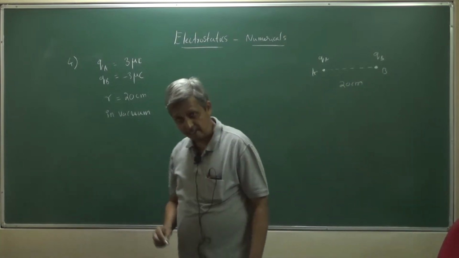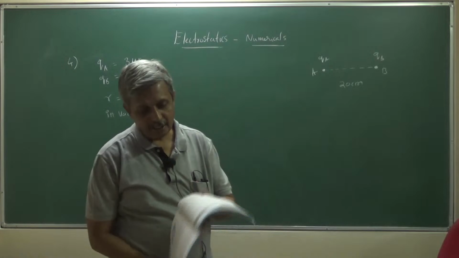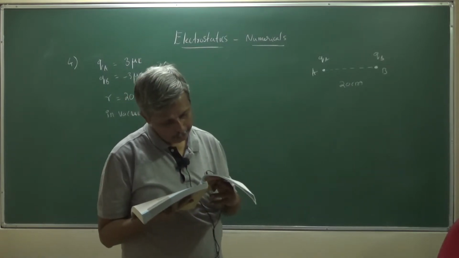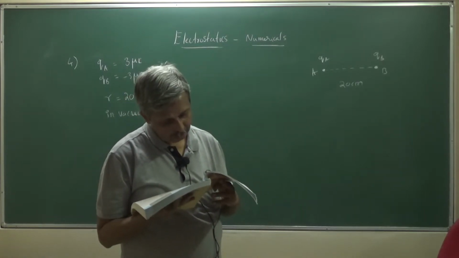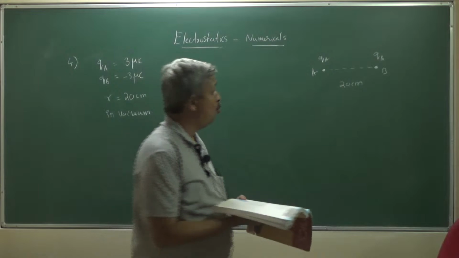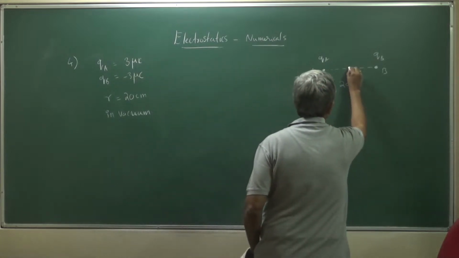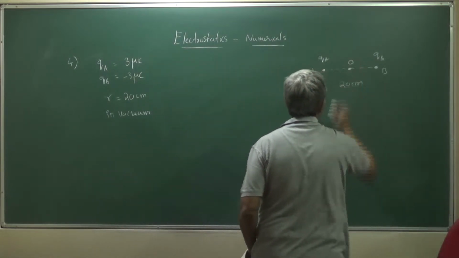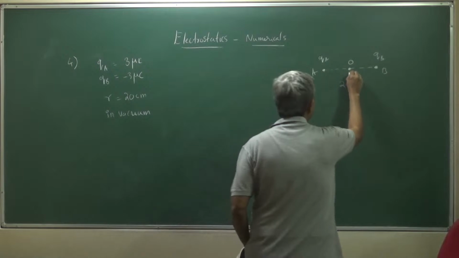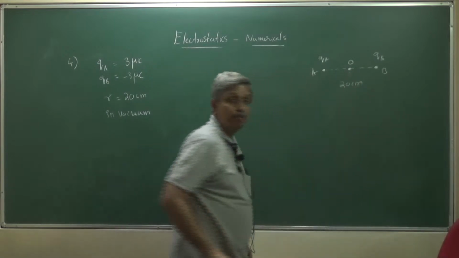Now they are asking what is the electric field at the midpoint O. So there is a midpoint, call this O. And what is the electric field? Electric field at the midpoint.